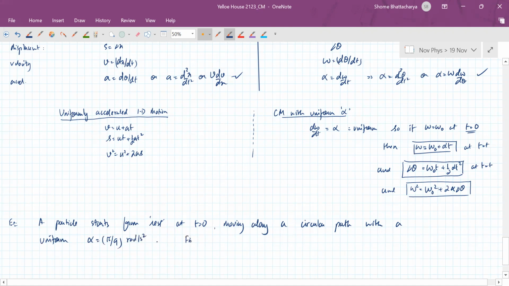We want to find the angular displacement and angular velocity at t equal to 3 seconds, first of all.